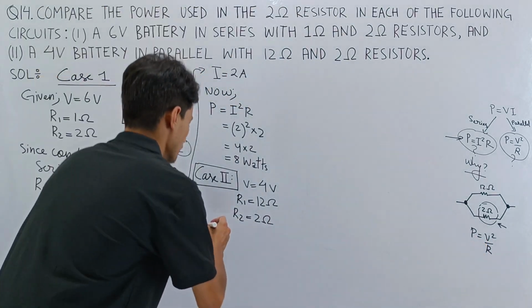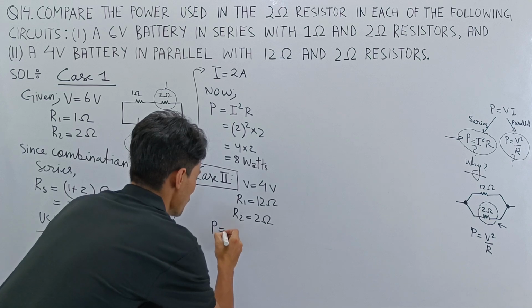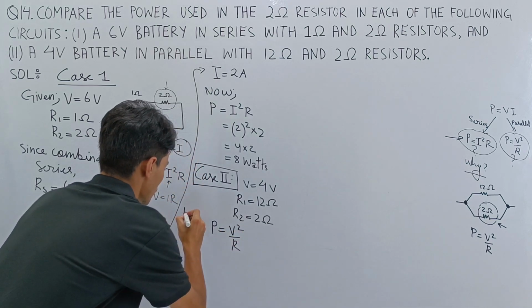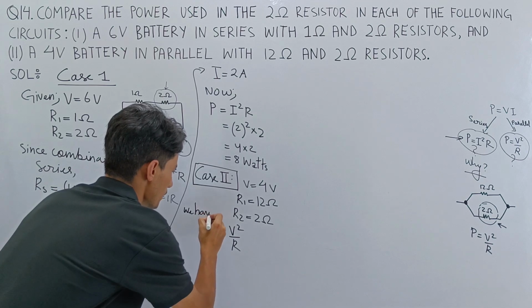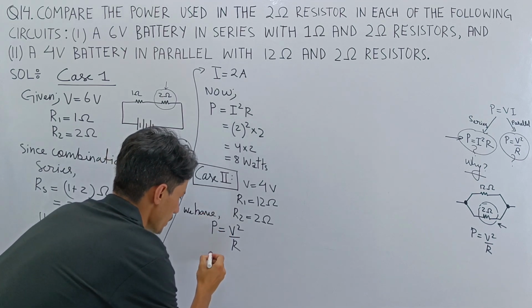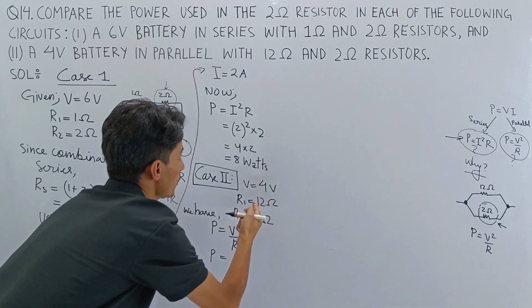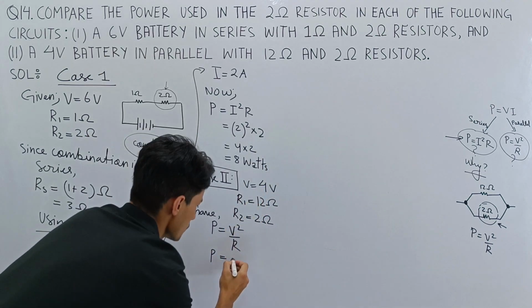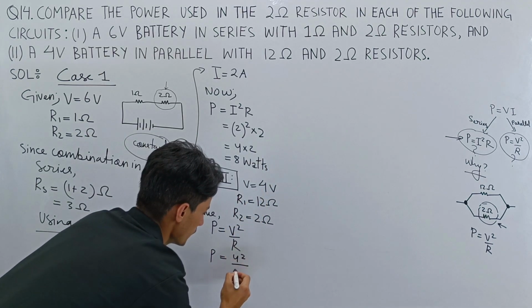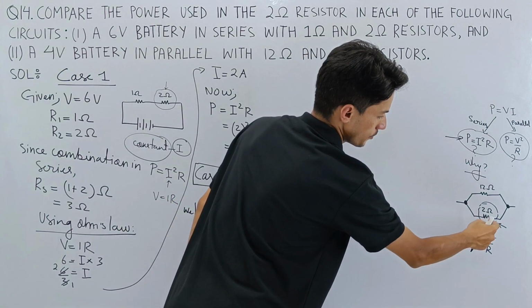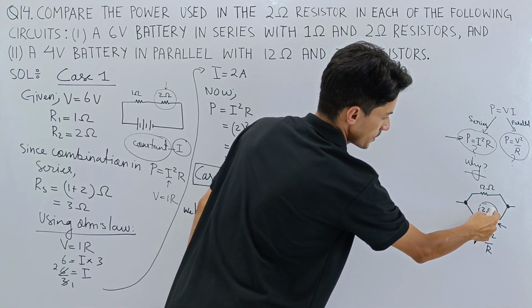So directly we can use power here. Power is equal to V squared by R. How much is V square? It is 4 square, and then R value is 2. We are supposed to find the power across this resistance, 2 ohm.